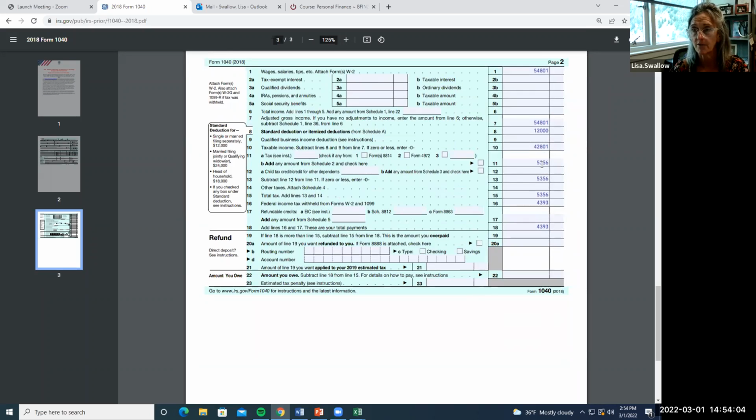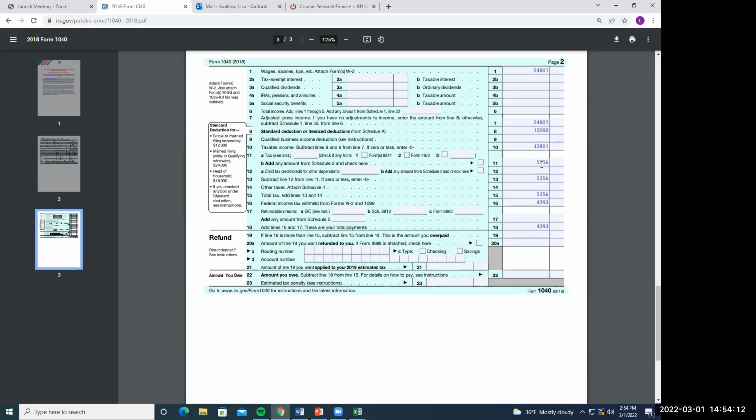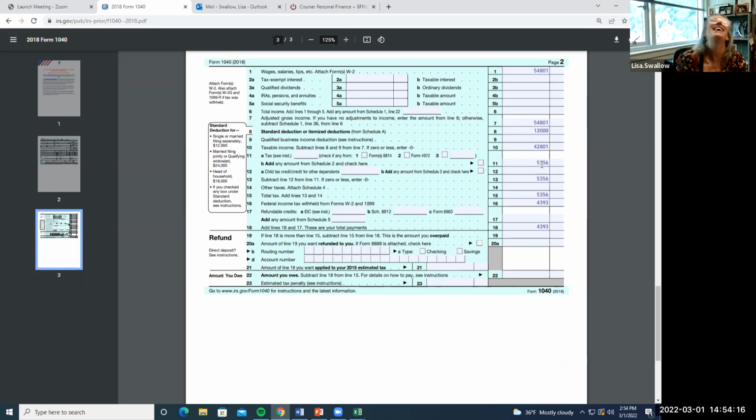Is she going to have a refund or is she going to have to pay in? Anybody? Pay in. Yep. No. Yes. I had to think about that. Sorry. Yeah. She's going to have to pay in. Yeah.